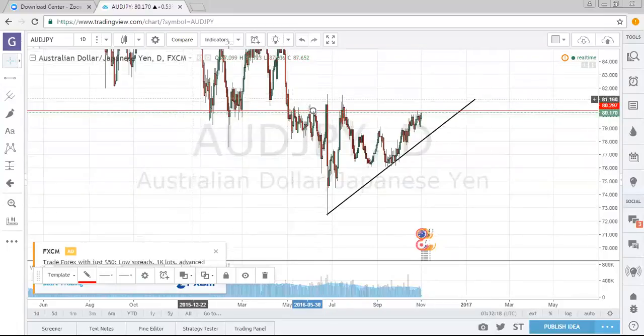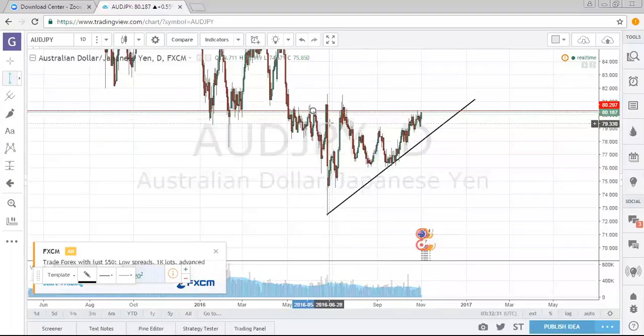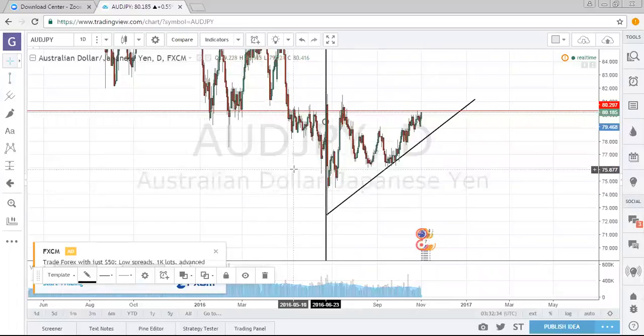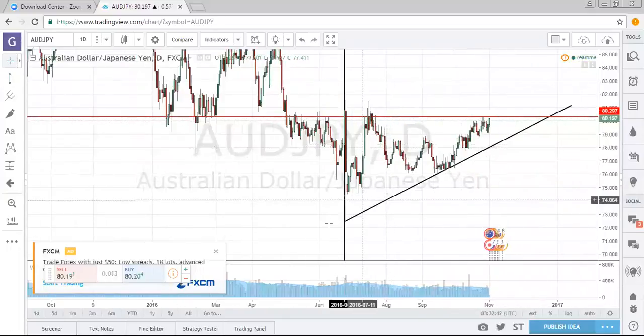Now, this is more advanced, but this would be known as a flag pattern. Okay. A sell signal. This would be a sell, according to just patterns and knowing market structure, that these higher highs need to be retested, but because of how markets move, it's stuck off this resistance level right here.